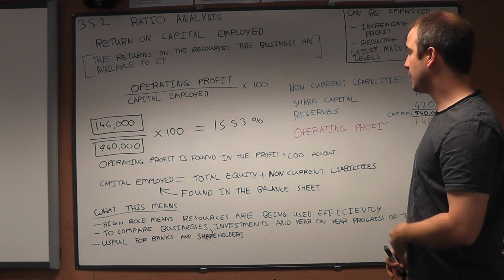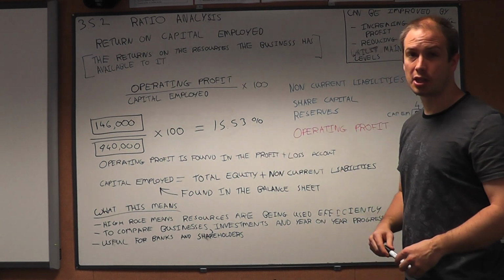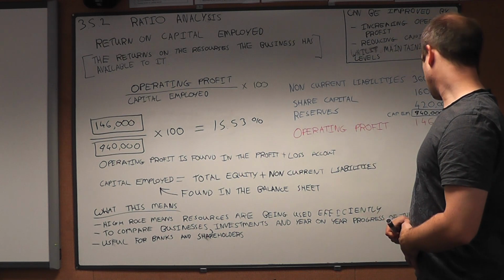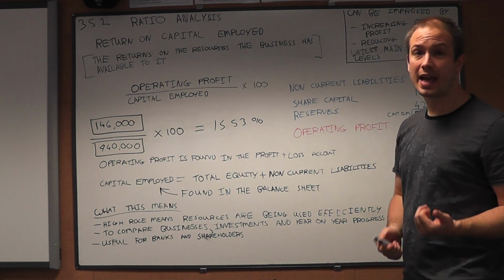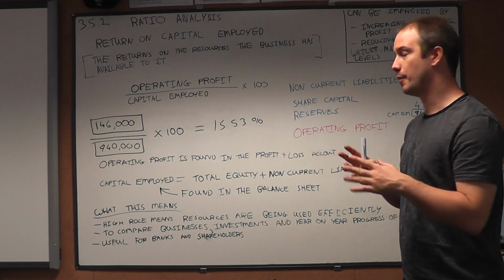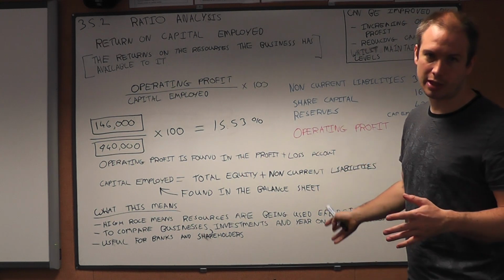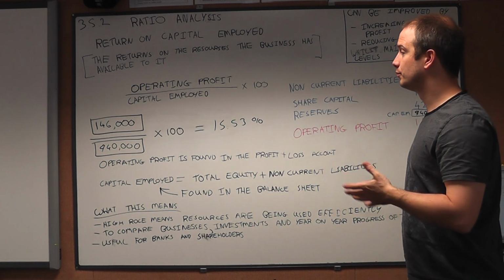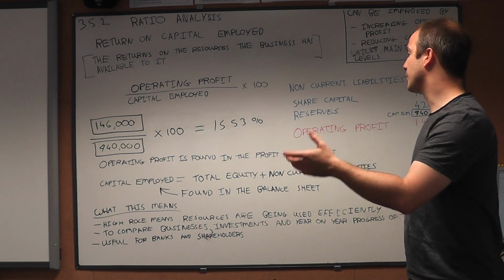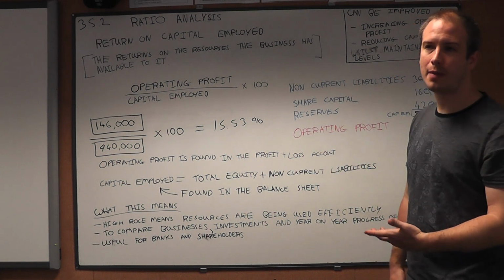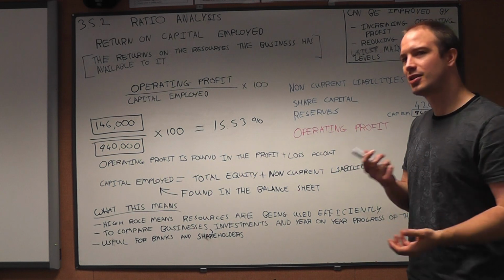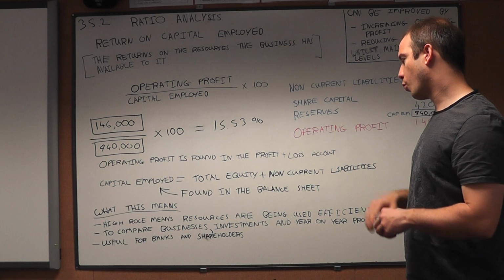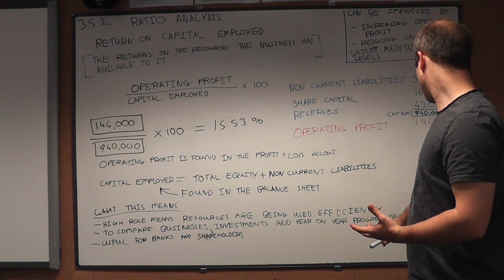But certainly, you can compare businesses using the return on capital employed. And also you can use it to compare year on year. If you've got an ever increasing return on capital employed, that business is probably a very good venture, a good investment. If you see that percentage falling over time, if that trend continues, am I going to see such a good return on my investment? Probably not.